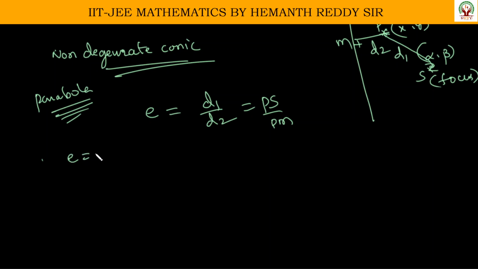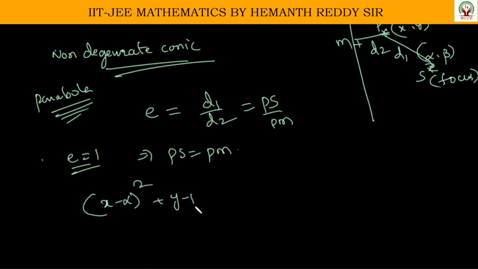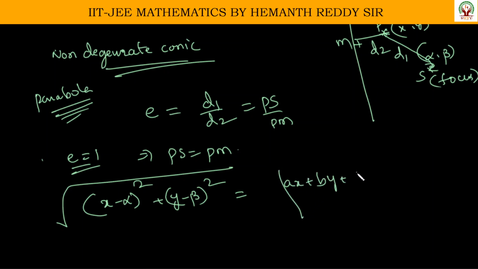If the eccentricity equals 1, then PS is equal to PM. So the distance between x comma y and alpha comma beta is the square root of x minus alpha whole square plus y minus beta whole square. This is equal to PM, which is the modulus of ax plus by plus c by the square root of a square plus b square, the perpendicular distance from a point to a line.